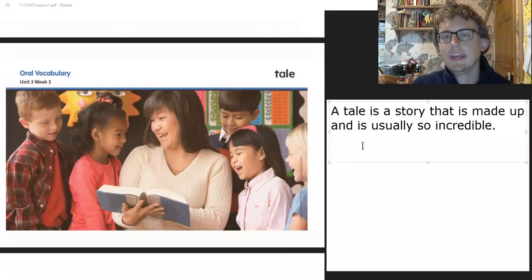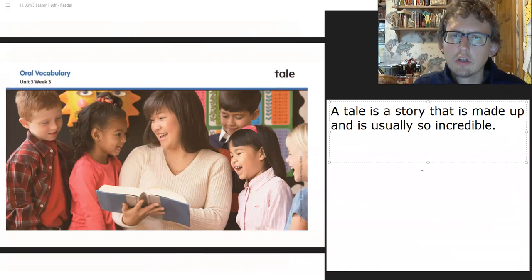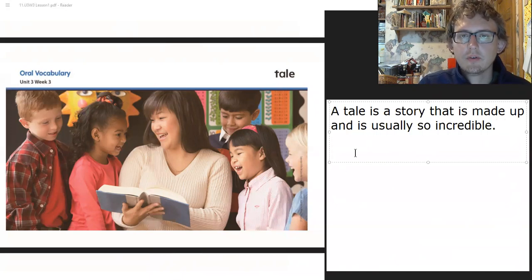So a tale is usually a story that's made up, so it's usually not real, and it's usually very incredible. Usually something inside it happens that's so awesome. So we're going to read some stories later this week that are tales.